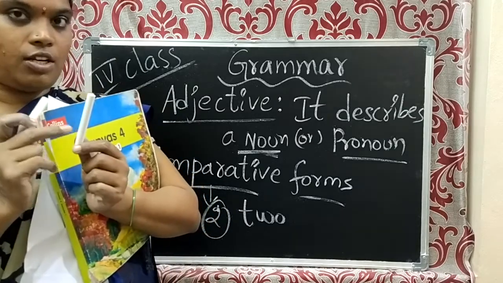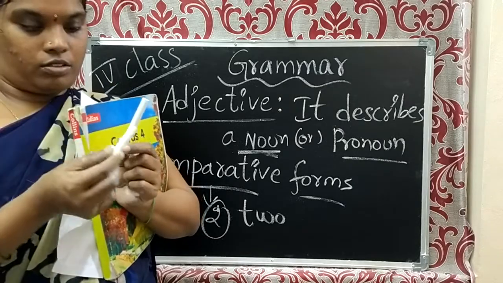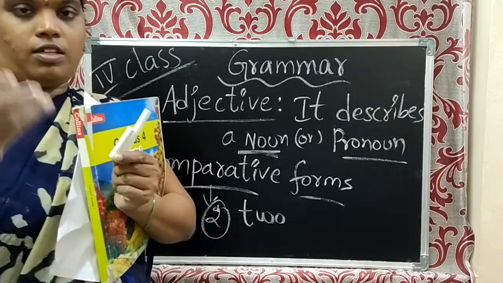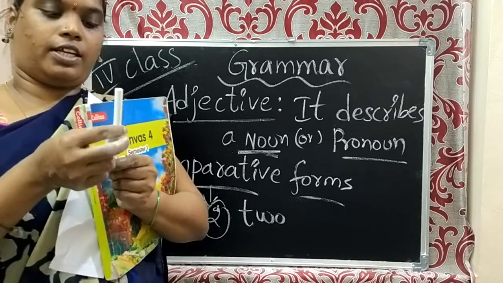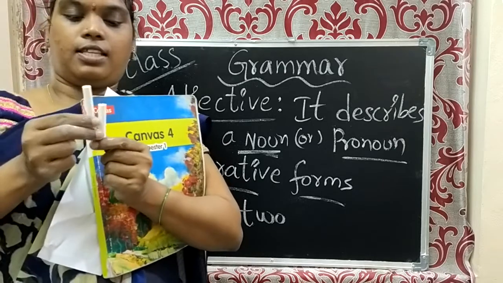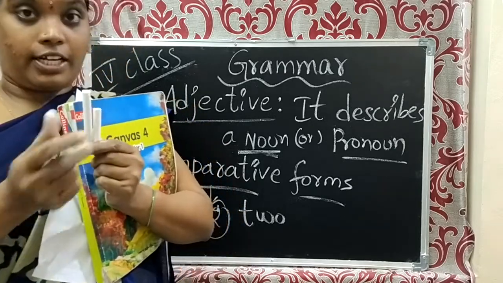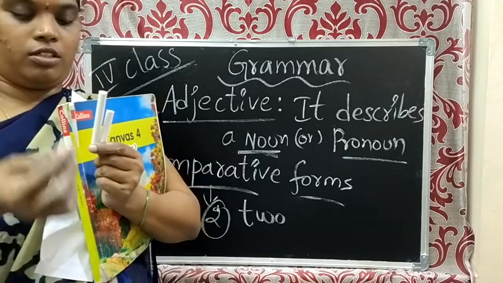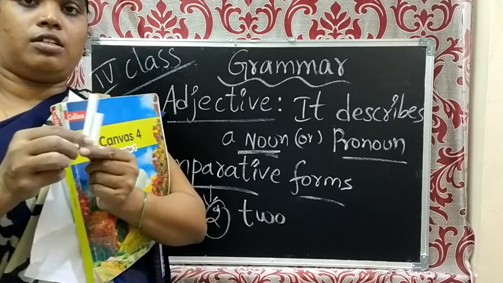This is long. This is small. So we can compare this. This is tall. This is taller. Or you can take another example, short. This is short. Shorter.